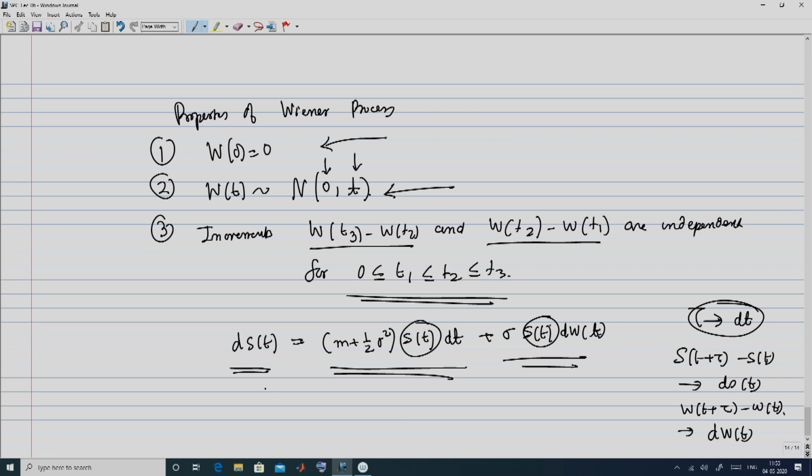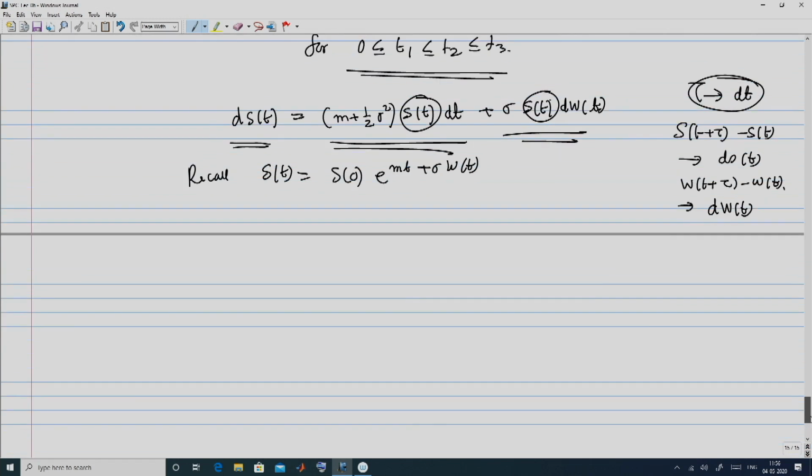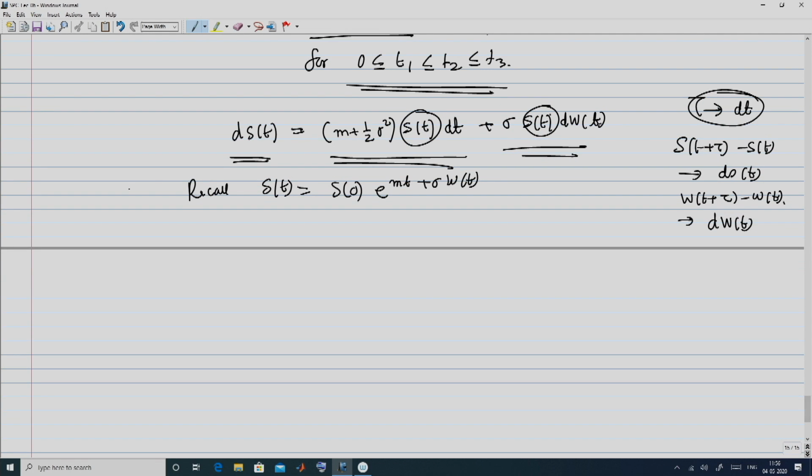Now, we recall that S(t) is equal to S0 times e raised to mt plus sigma W(t). This is what we had done earlier, and this now follows as a limiting case of the binomial distribution.